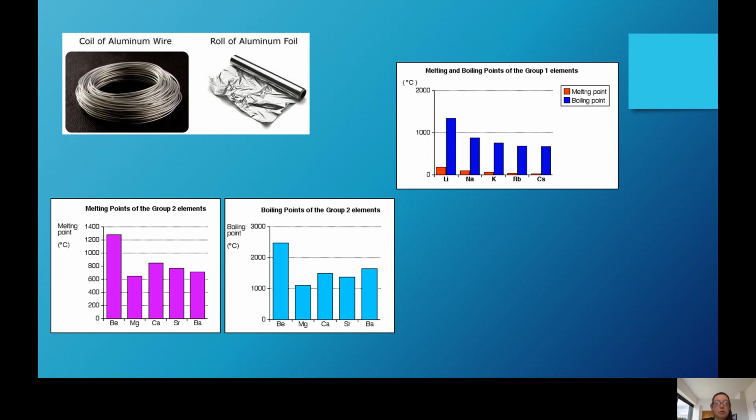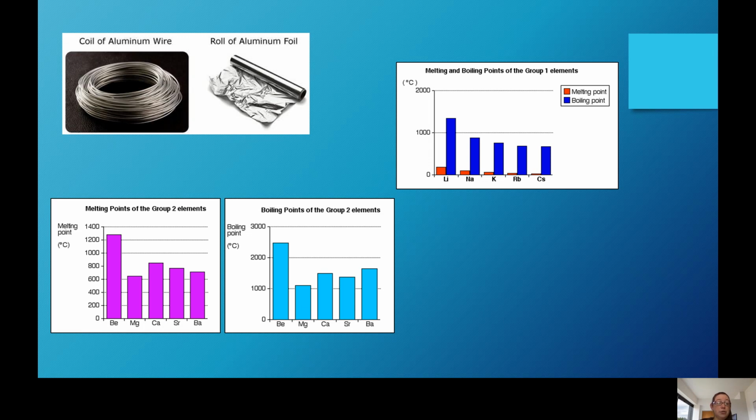Now, if you look really closely at these melting and boiling points, you can see it on the group 1 chart really easy, but the red bars are the melting points, and you can see they're really low. The blue bars are the boiling points, and they're anywhere between 600 and 1500 degrees Celsius, just for the group 1 elements that have very few electrons to give up.